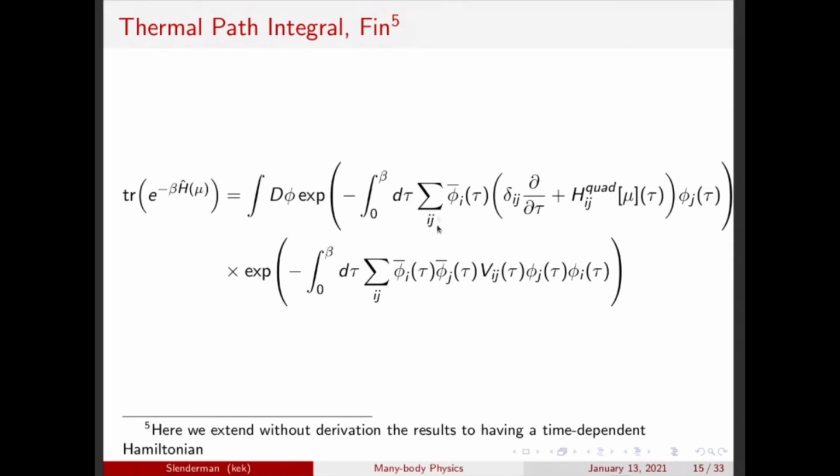I haven't taken the continuum limit in space yet, so these i and j's still label lattice sites. But you certainly can take the continuum limit in space for this. We have a phi bar. We have a derivative with respect to tau, plus the quadratic part of our original second quantized Hamiltonian, the matrix elements thereof, times this phi j.